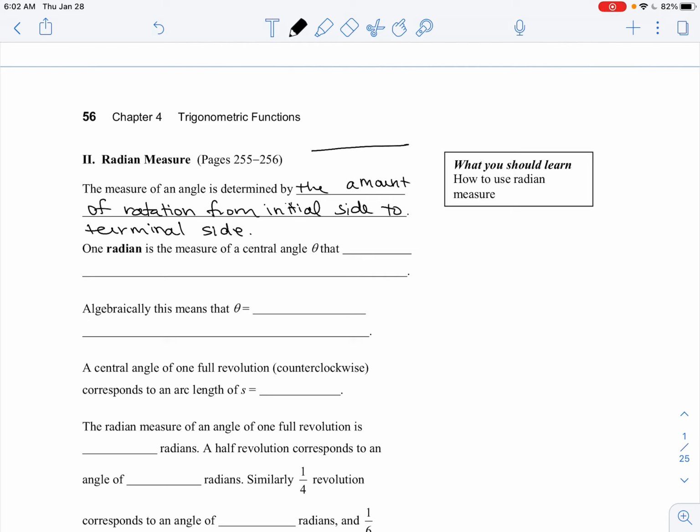So again, if this is my initial side, whatever my angle looks like, that's my angle measure.